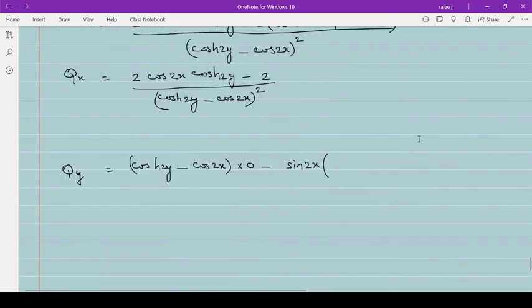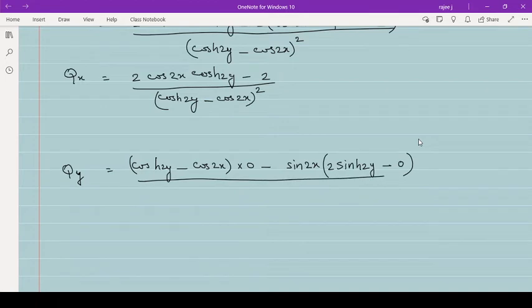So therefore, here derivative of cosh 2y will be sinh 2y. There is no minus. So it will be sinh 2y, and derivative of 2y is 2. Okay, and minus derivative of cos 2x will be 0. So denominator into derivative of numerator minus numerator into derivative of denominator will be this sinh 2y into 2 upon denominator square, so (cosh 2y minus cos 2x) the whole square.